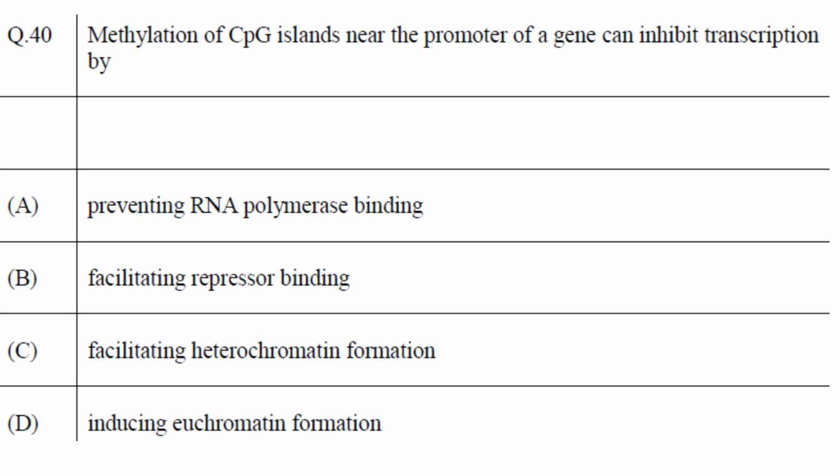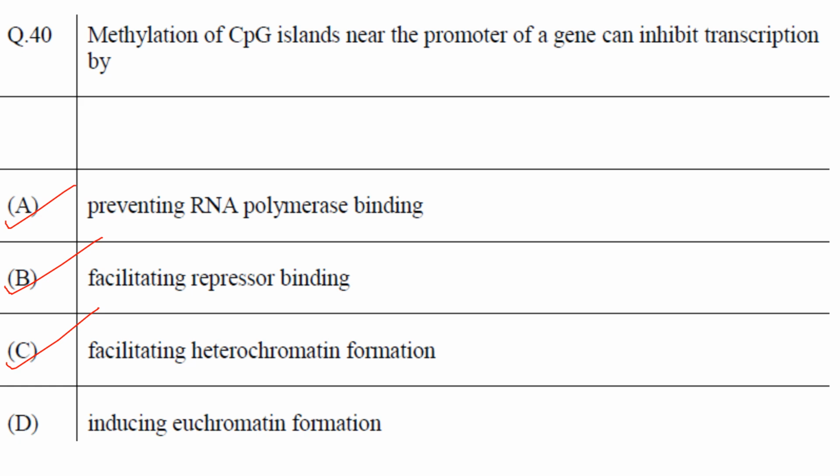Then next one. Methylation of CpG islands near the promoter of a gene can inhibit transcription by preventing RNA polymerase binding. That's correct. Facilitating repressor binding. That is also correct. Facilitating heterochromatin formation. That's also correct.